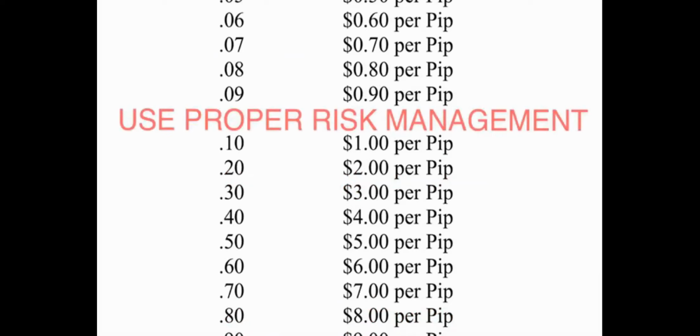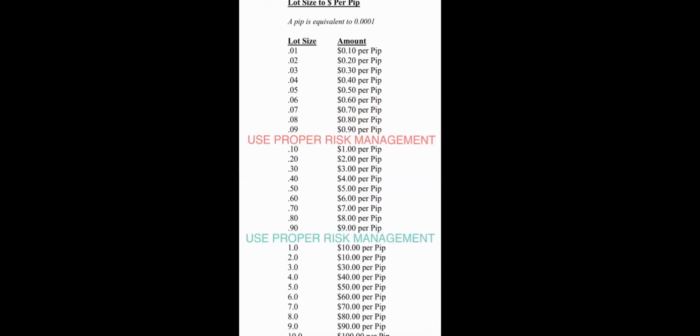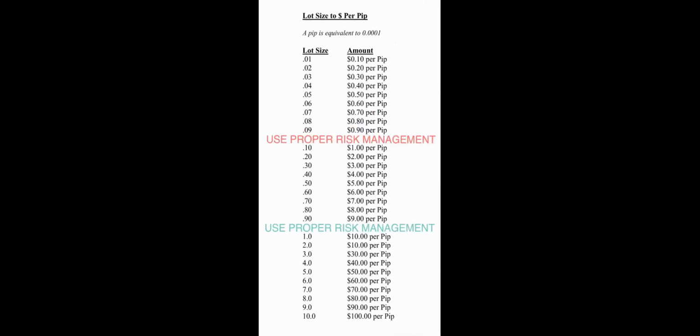I'm going to zoom back out. You can take a screenshot of this if you want, and I'll also make sure I post this. Get acclimated to this. It's very straightforward: lot sizes converted to amounts.